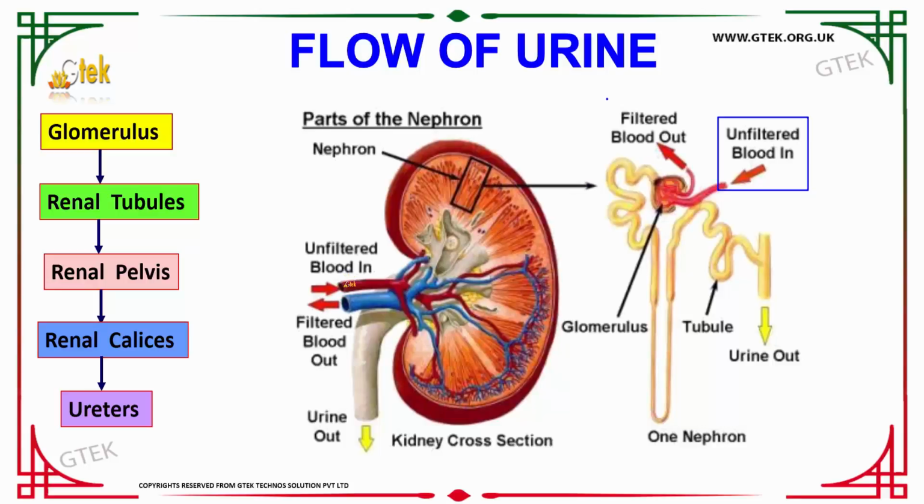So here the unfiltered blood goes into your nephrons where the glomerulus filters, and after filtering, the pure blood goes out and the impurities filtered by your nephron enter into the ureter, which is sent as urine outside.